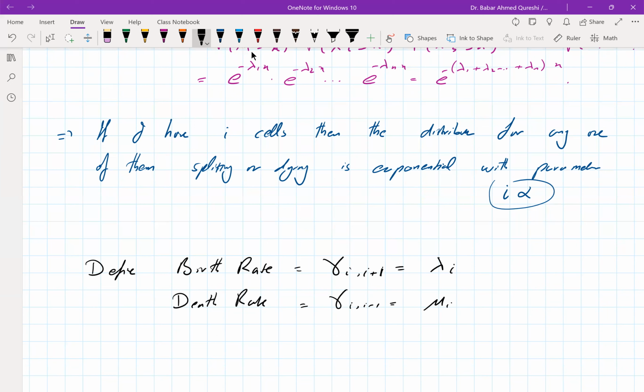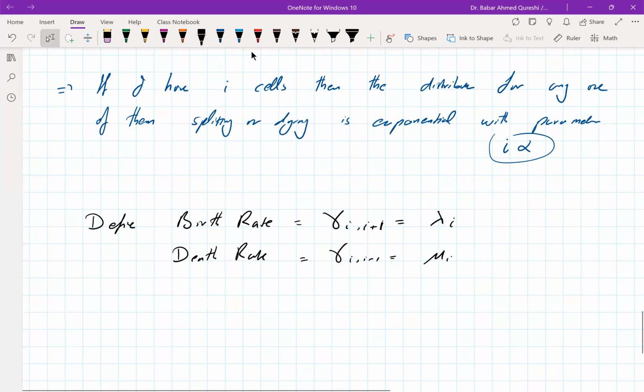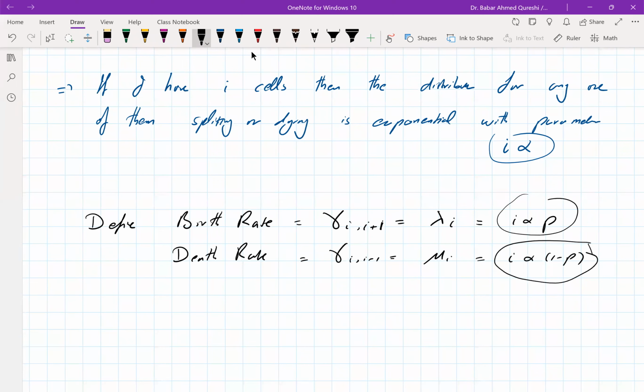In this case, the birth rate we have found is I alpha p, and this is I alpha 1 minus p. Over here you can see that this is linear in I.